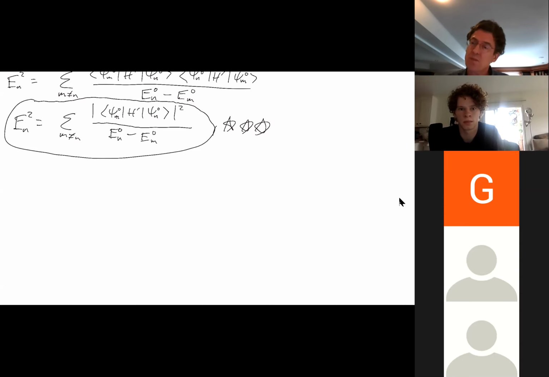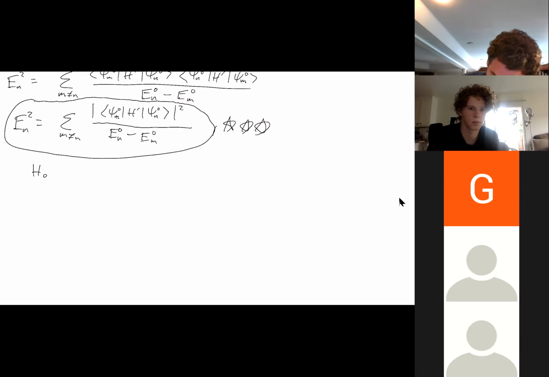How do I interpret this formula? What's going on here? This is the way to think about it. I have all my unperturbed states of H naught, and these are them. This is the one we're talking about, ψ_n^0, E_n^0.